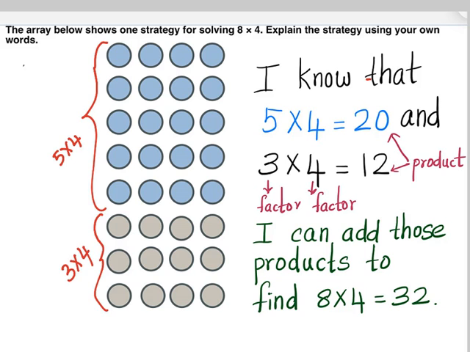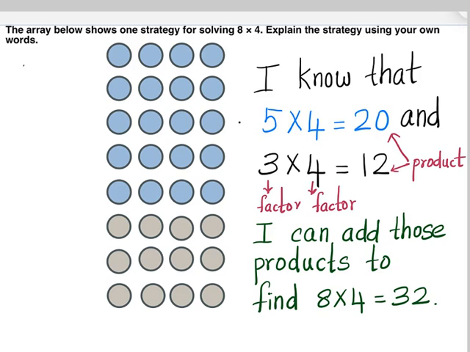When you add 5 times 4 with the 3 times 4, you get 8 times 4. That is the total number of rows or groups in the array. We know the value of 5 times 4 is 20 and the value of 3 times 4 is 12. So when we add this 5 times 4 with the 3 times 4, we get 8 times 4, which is 32.